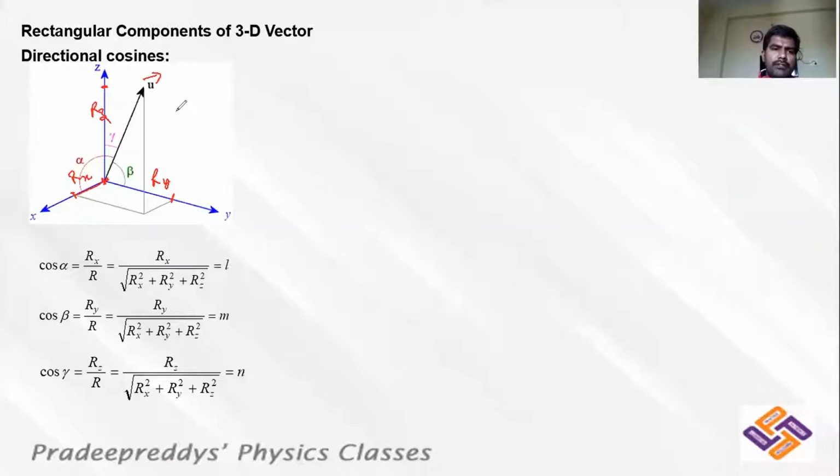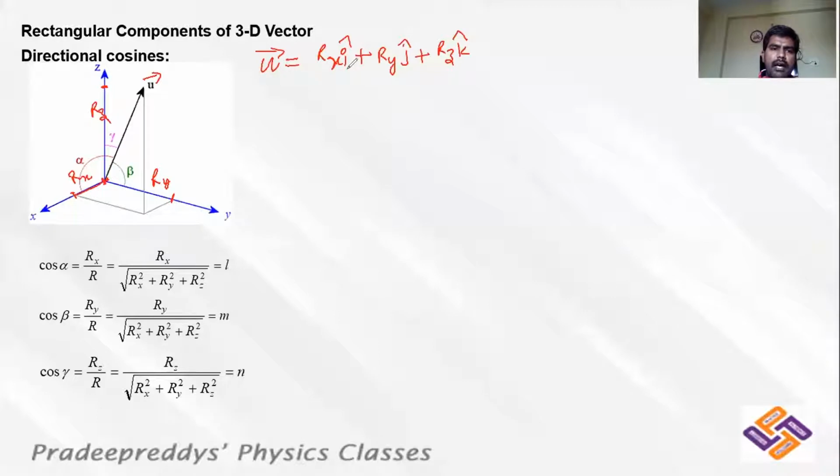Now you can write down this vector as it is extended in 3 dimensions. You can write this vector u bar as rx i cap plus ry j cap plus rz k cap, where i cap, j cap, k cap are the unit vectors along x-axis, y-axis, and as well as z-axis.